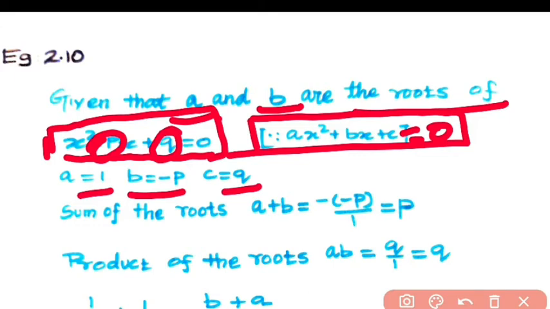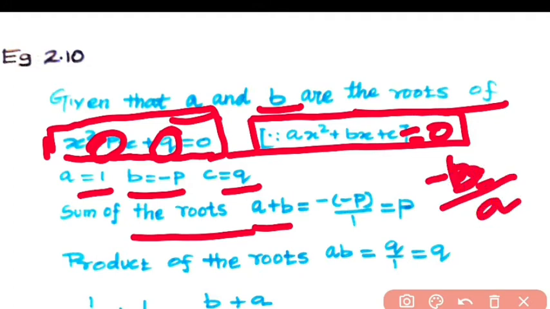we are going to find the sum of the roots. We know that the sum of the roots formula is minus b by a, and the product of the roots is c by a.